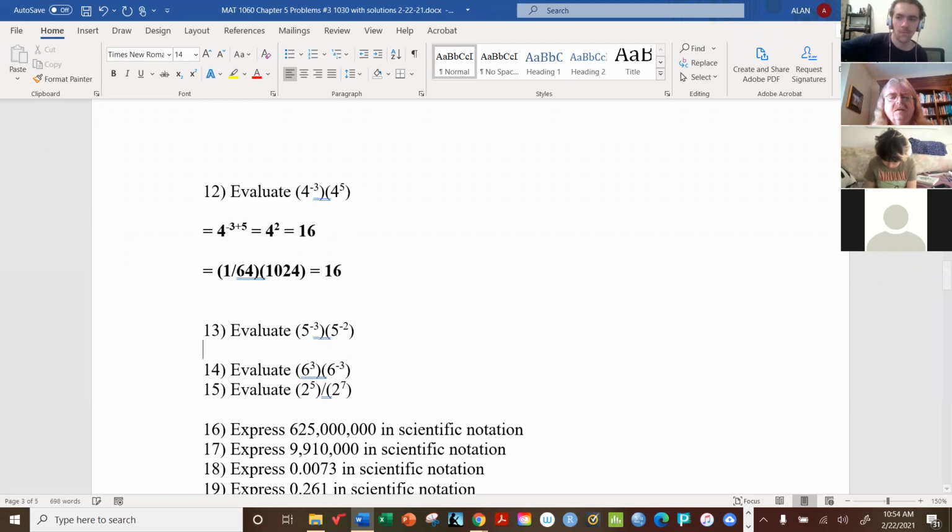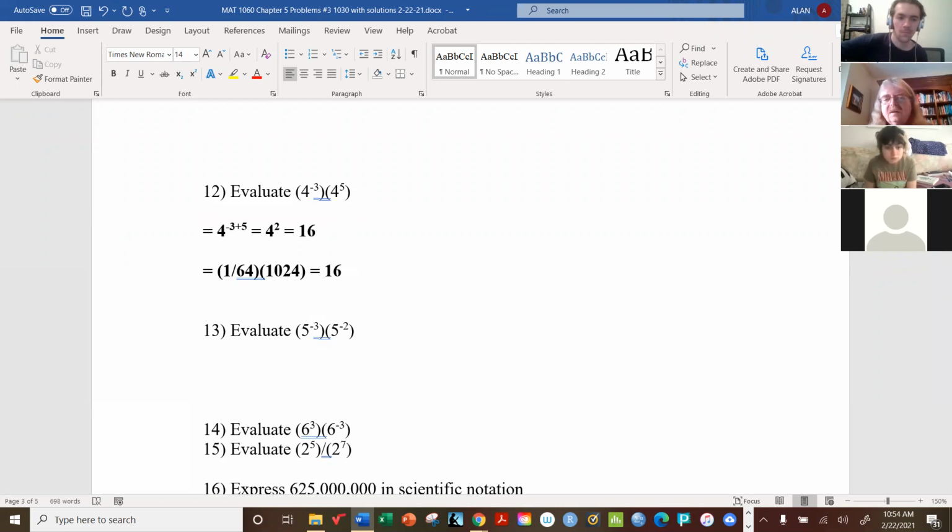All right, now this one, same thing. It's a product rule. It's 5. The exponent is -3 minus 2. So you have to be careful with this one, with all the negatives. Okay.